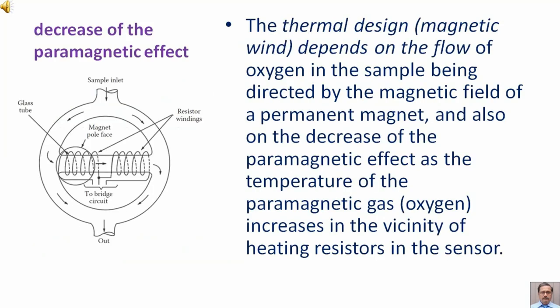The thermal design magnetic wind depends on the flow of oxygen in the sample being directed by the magnetic field of a permanent magnet, and also on the decrease of the paramagnetic effect as the temperature of the paramagnetic gas, that is oxygen, increases in the vicinity of heating resistors in the sensor.